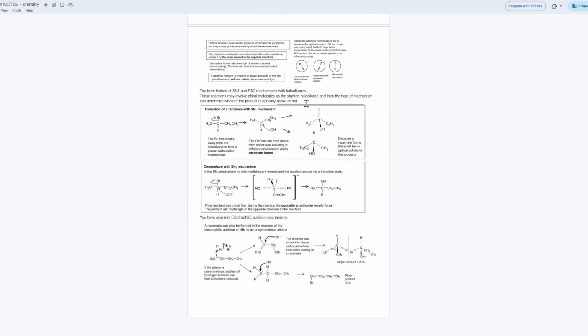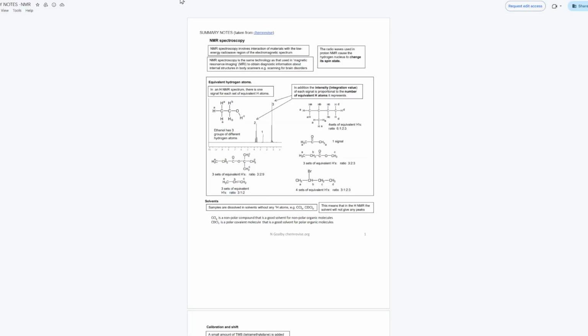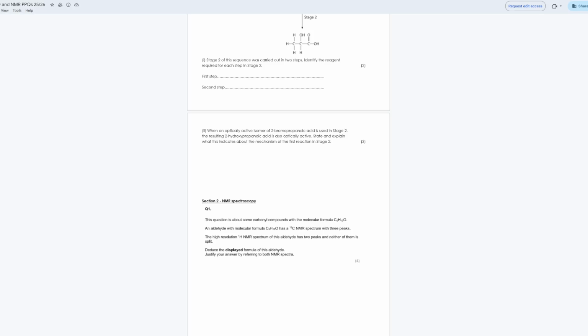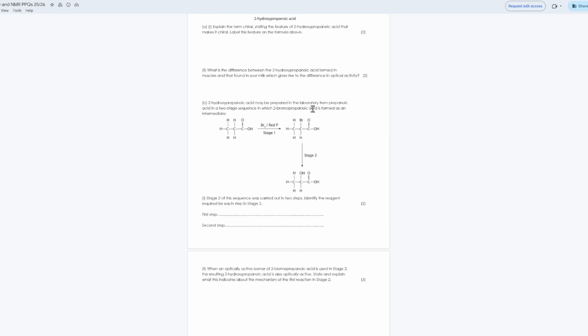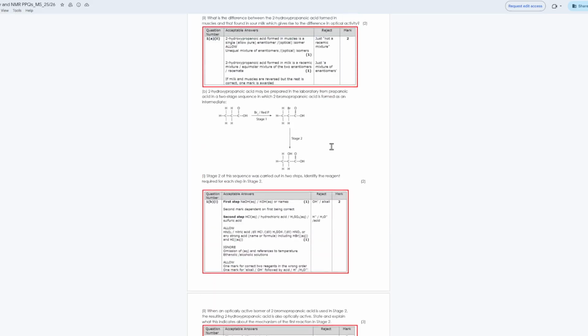Stage 2, this here, I'm trying to highlight these, it's not working, but yeah, it's SN2 then. Let's just look at this like this. It's easier. I think it's the same here. Yeah, I can still see it.